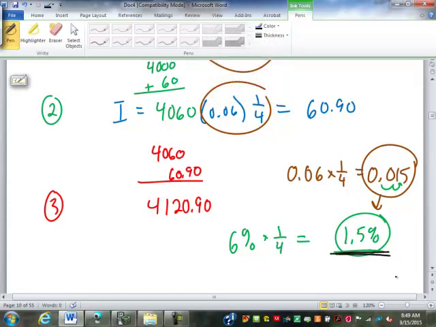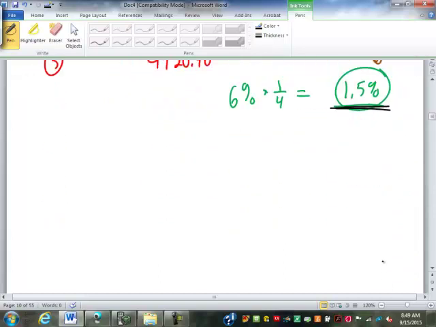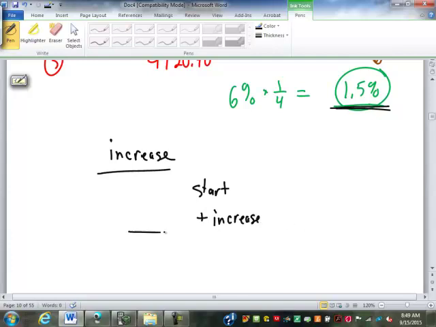Now we looked at this a little bit last week, where whenever we have an increase or a decrease, if we're looking at an increase problem, like sales tax and stuff like that, we have a starting amount, and to that we're going to add some sort of increase. In this case, we're adding the interest to get an ending amount.